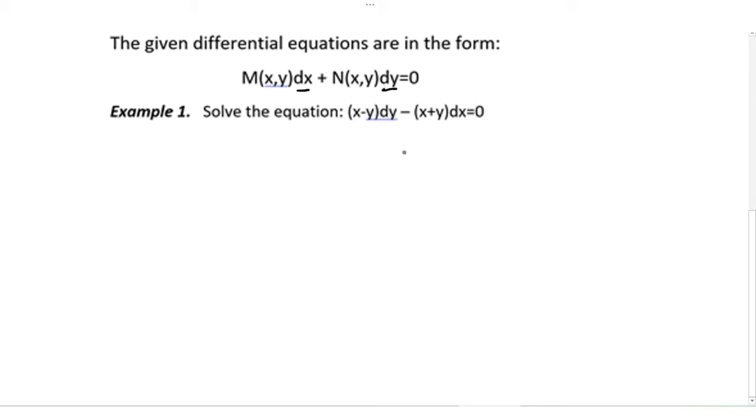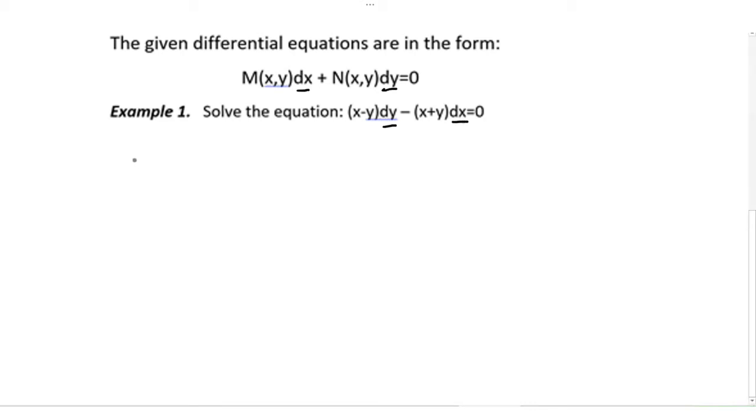Just like in our example 1, you have (x - y) dy and (x + y) dx. So again, dy and dx are both in the numerator.